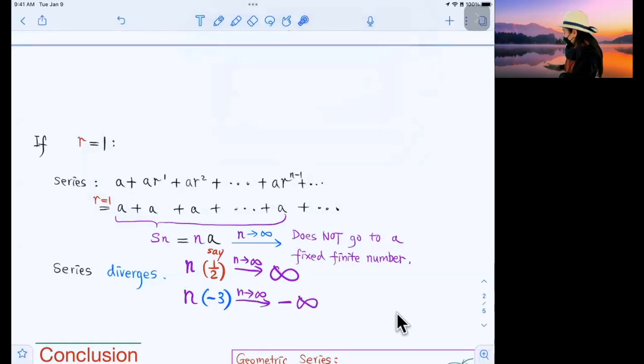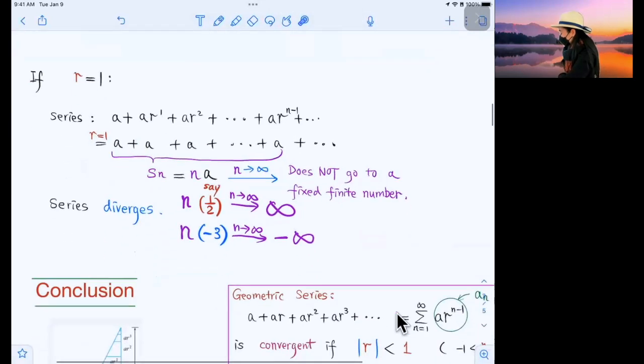So in any case, it doesn't go to a fixed finite number. Therefore, the series diverges. Diverge just means it doesn't go to a fixed finite number. If it's infinity or negative infinity, that's not a finite number.